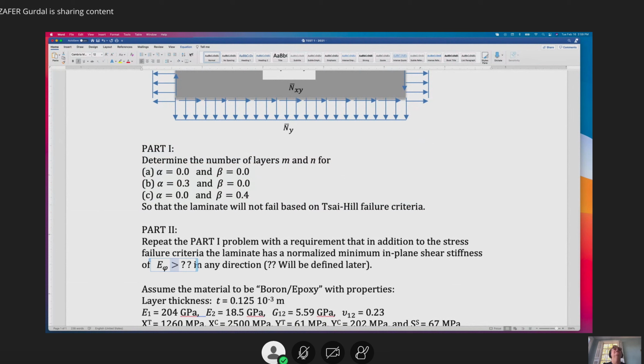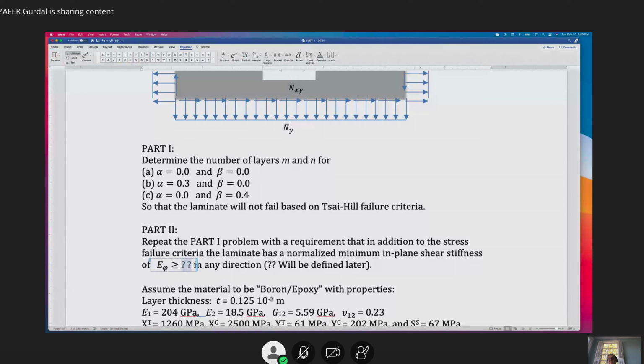I don't know if I can make this equal. There must be a sign for this operator. Here they are. Okay. Question mark. I'd like to get a good handle on part 1 before I specify this.